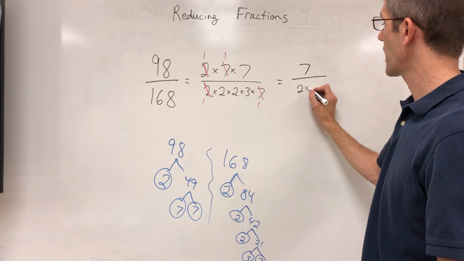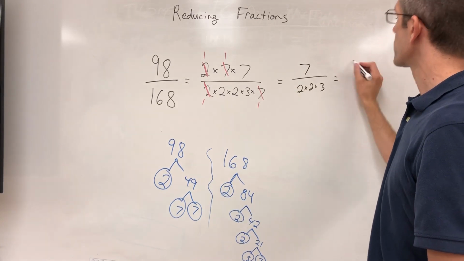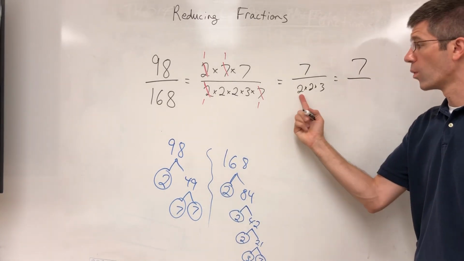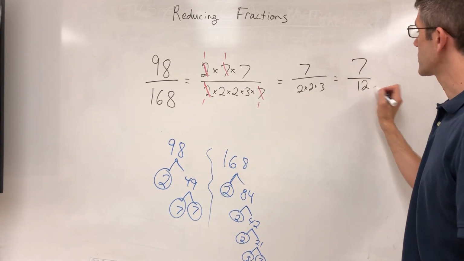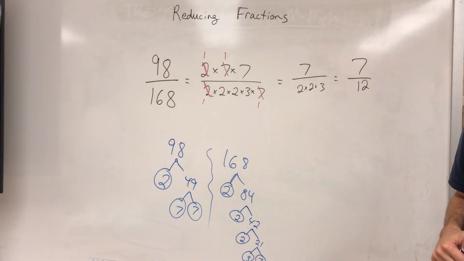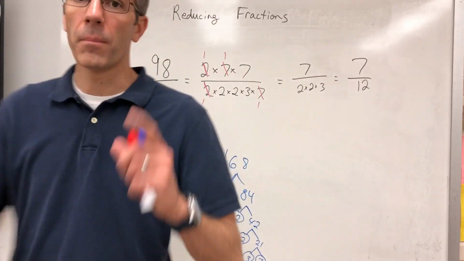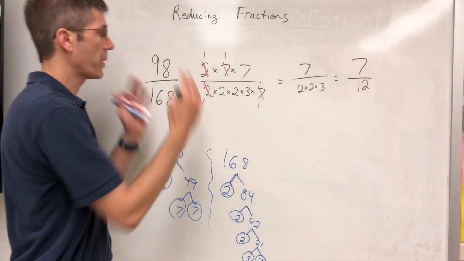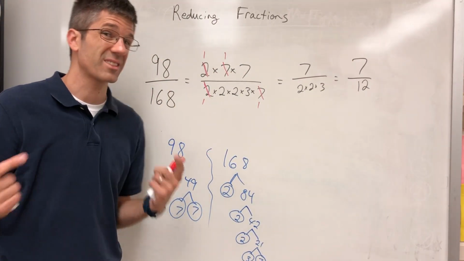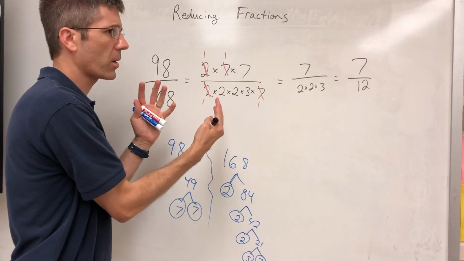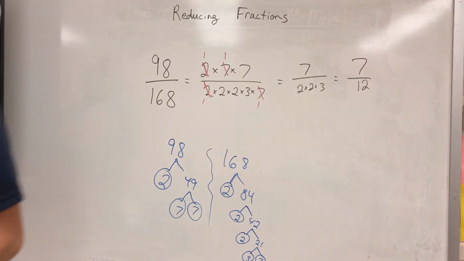We have 7. In the denominator, we have 2 times 2 times 3. 7 in the numerator, 4 times 3, so 12. 7/12. That one's not obvious. That one's a little harder. Many of you would look at that and say, oh, let's divide by 2. I hear you, you're right, but what about the 7?